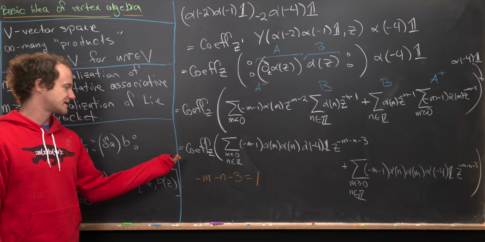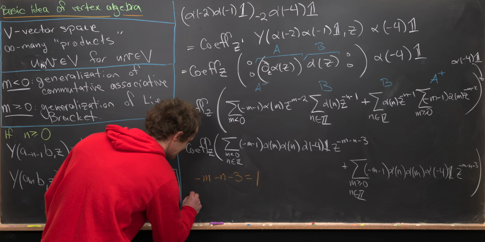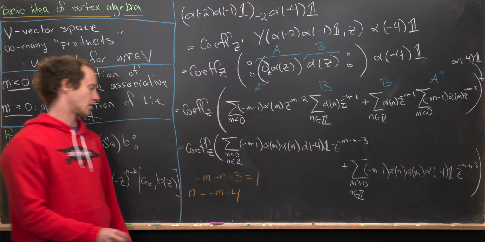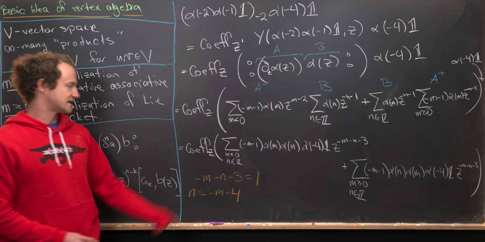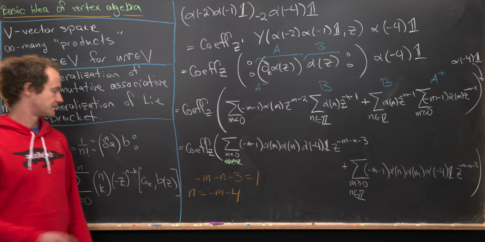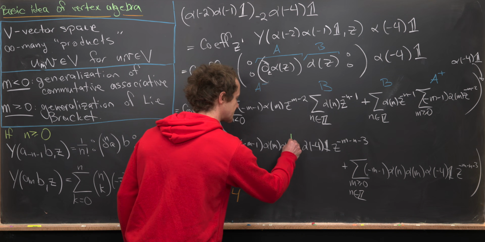So that'll allow us to solve for n in terms of m. Notice that that means that n is equal to minus m minus 4. So that tells us that we can get rid of all of the integers here and replace the n's with minus m minus 4.